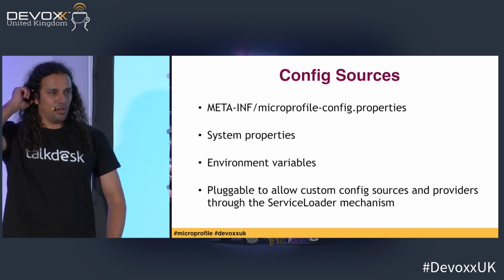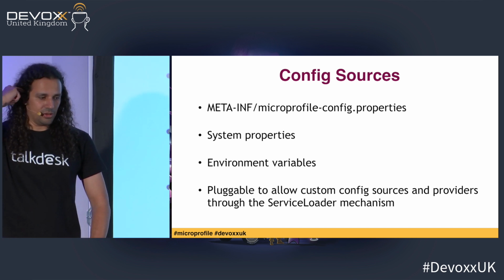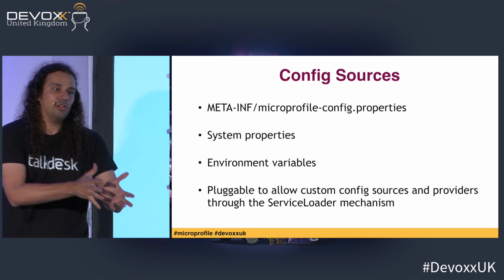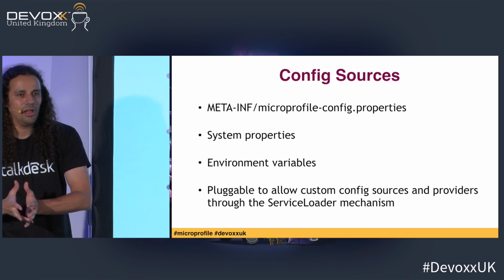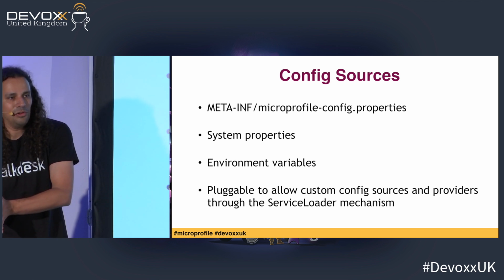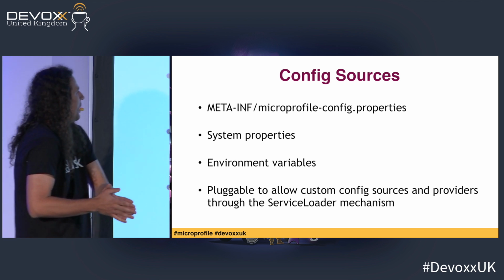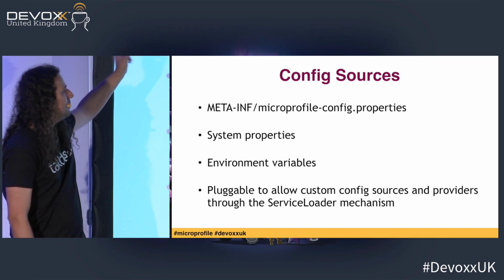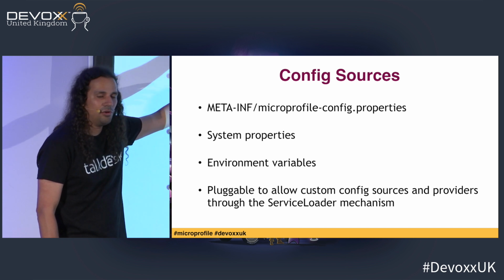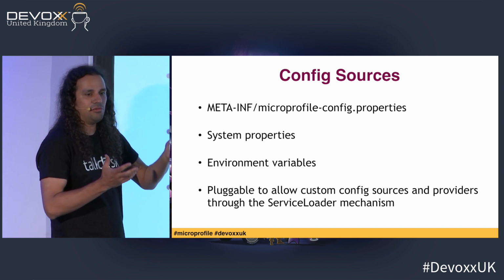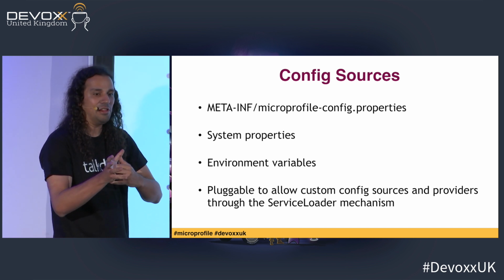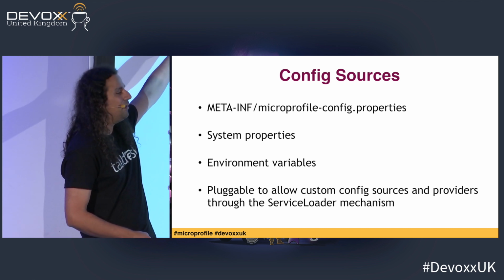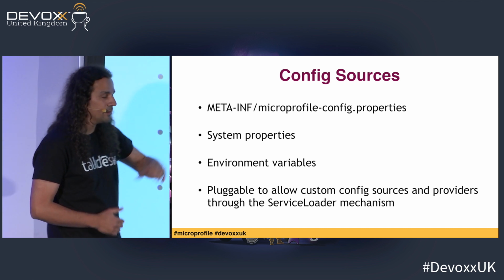Now, the interesting thing about Config is something called config sources. The actual spec already comes with three default config sources, and those are a file called microprofile-config.properties, which is usually packed in META-INF in your application, and works like any property file, key equals value, and it means MicroProfile Config can read configuration from there.